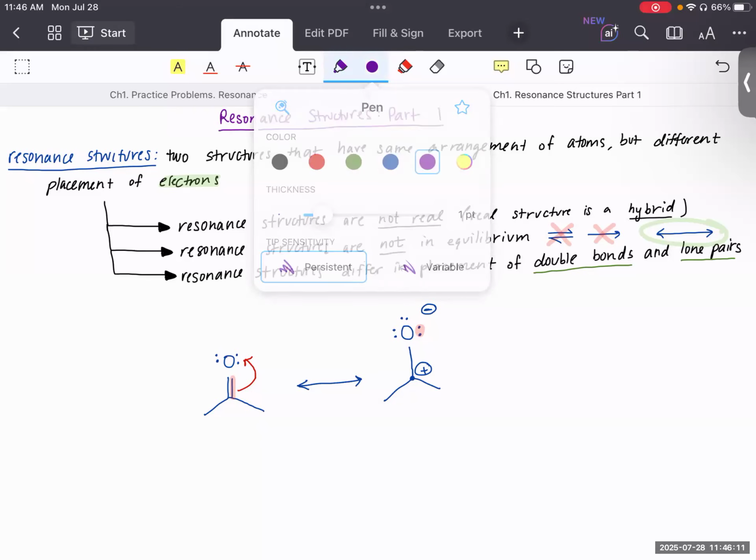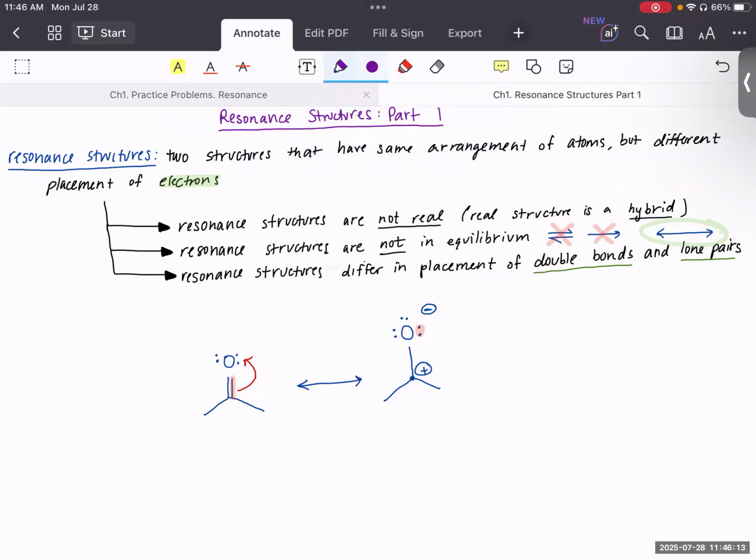All right, so these are the two structures. We can also draw a resonance hybrid. To draw a resonance hybrid, we draw the normal structure that we initially had, and then we use a dotted line to represent any double bonds that are found in only part of the structure. So here, we only see a double bond in this left one, but not in this right one. So we're going to illustrate that by using these dotted lines in the resonance hybrid structure.